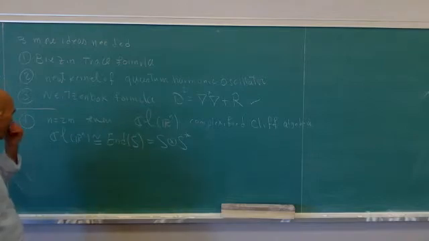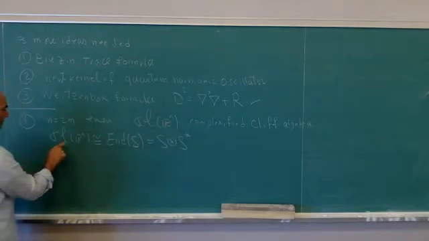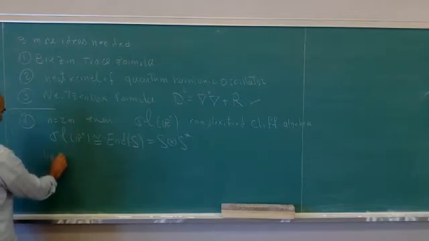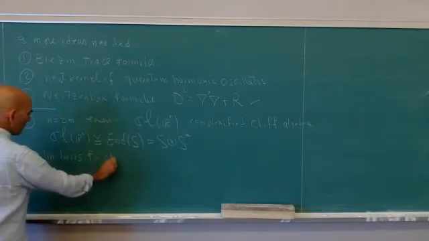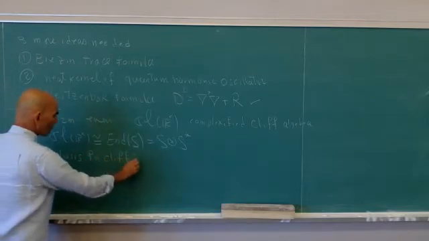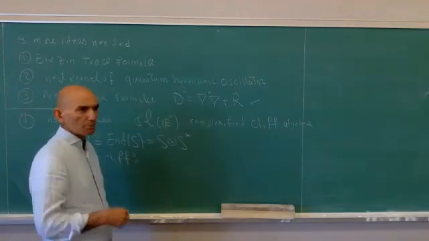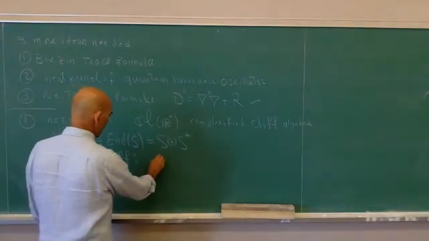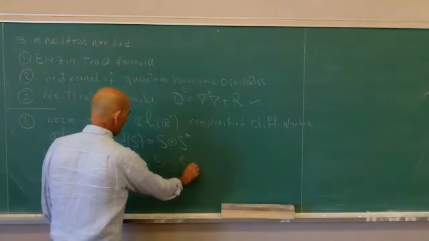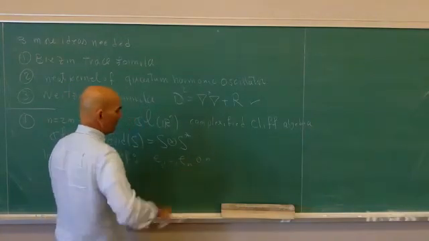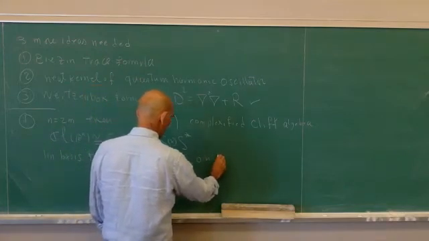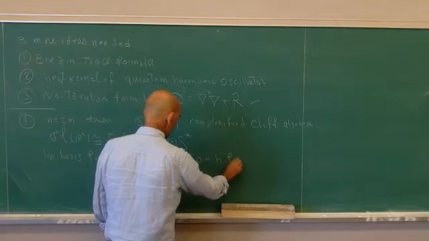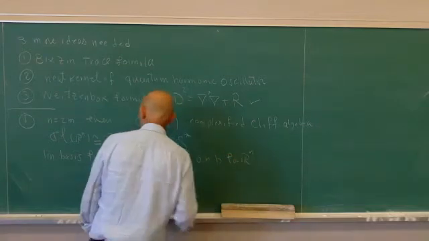Okay, now we know there is a linear basis here for Cliff. Well, you can just pick an orthonormal basis, for example e_1 through e_n, oriented if you want, that's fine, an oriented orthonormal basis for R^n.